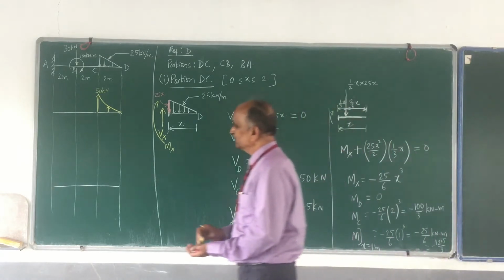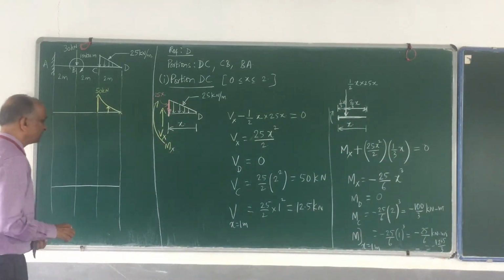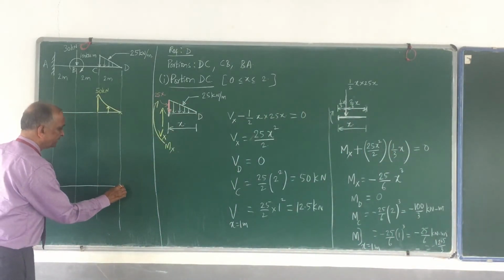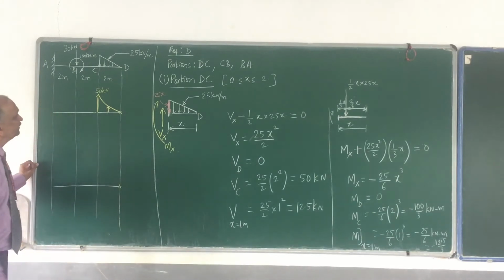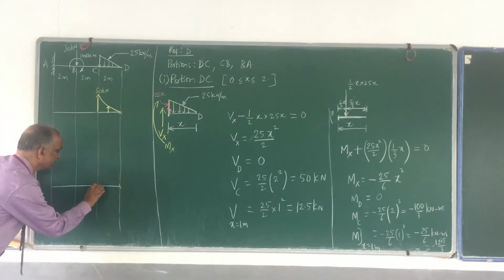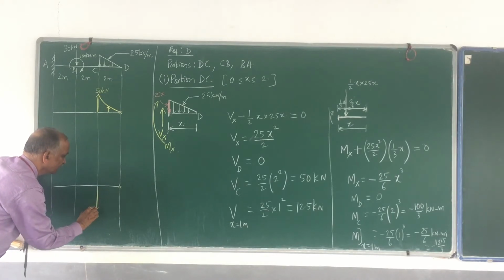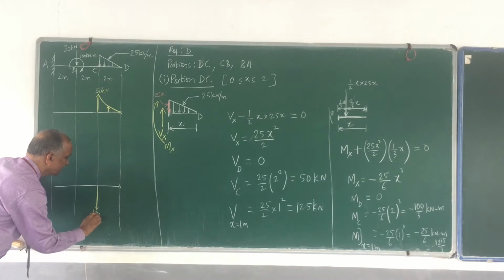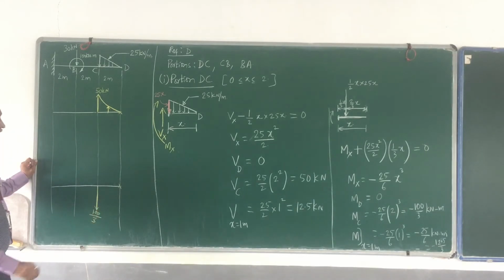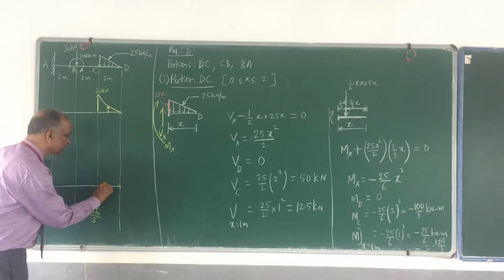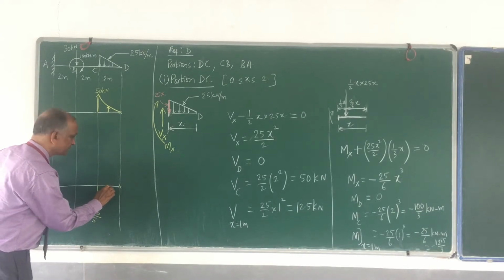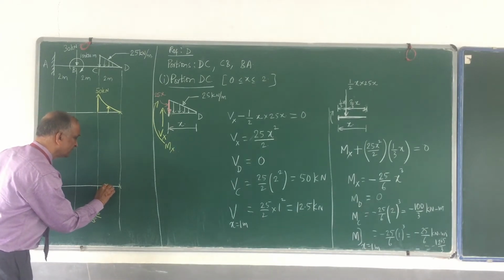Okay, let me come back here. What I mean by that, I shall explain. The bending moment at B is equal to 0. Bending moment at C is minus 100 divided by 3. And at the midpoint, how much is that? It is minus 12.5 divided by 3.